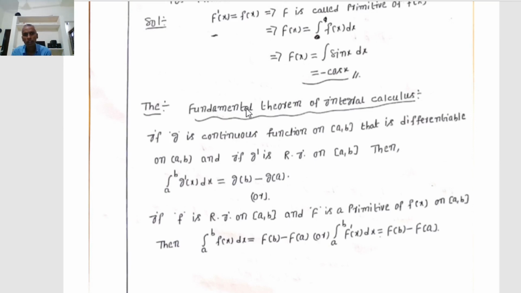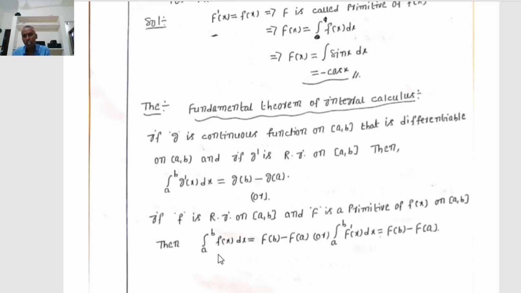Already we know the fundamental theorem of integral calculus 1. There are two statements, both equivalent.